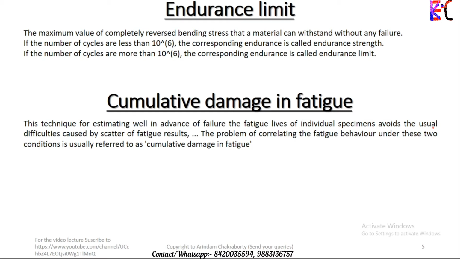Now what is cumulative damage in fatigue? Let us consider an aircraft. There are millions of parts in an aircraft, starting from nuts, bolts, washers, engine parts, wings, etc. The body always goes through a lot of stresses in the entire length of its journey.